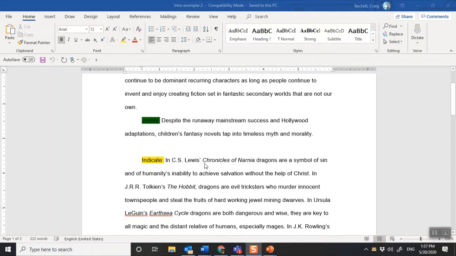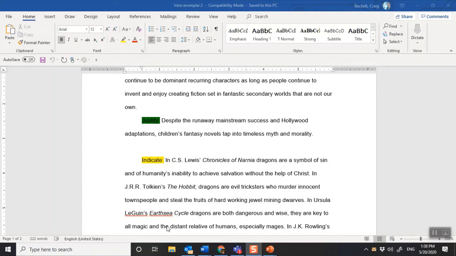In C.S. Lewis' Chronicles of Narnia, dragons are a symbol of sin and of humanity's inability to achieve salvation without the help of Christ. In J.R.R. Tolkien's The Hobbit, dragons are evil tricksters who murder innocent townspeople and steal the fruits of hard-working, jewel-mining dwarves. In Ursula Le Guin's Earthsea cycle, dragons are both dangerous and wise.